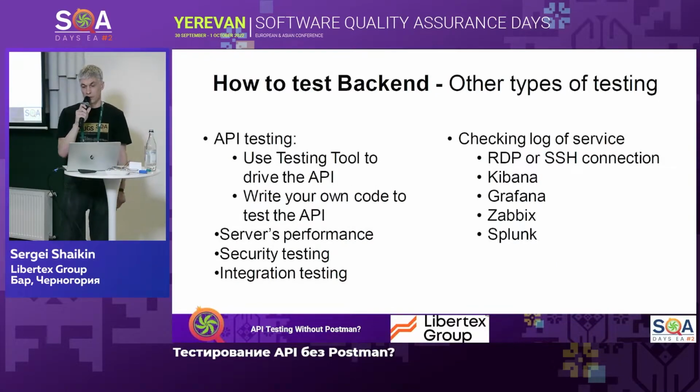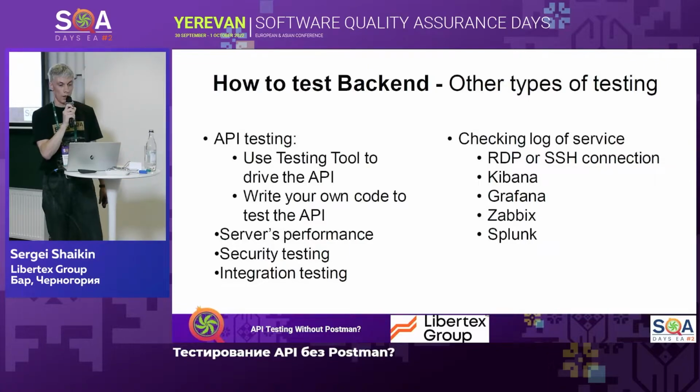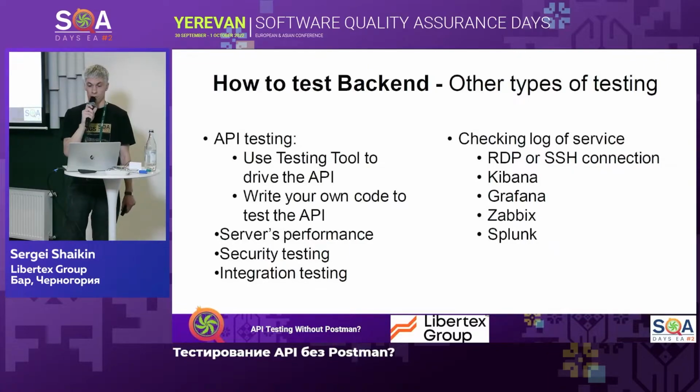There are some other types of testing. API: you need to check what you have written to the database, and maybe modify your data and try to check it with API. A lot of logs of services which you can check through RDP for Windows systems and SSH connection for Linux systems.